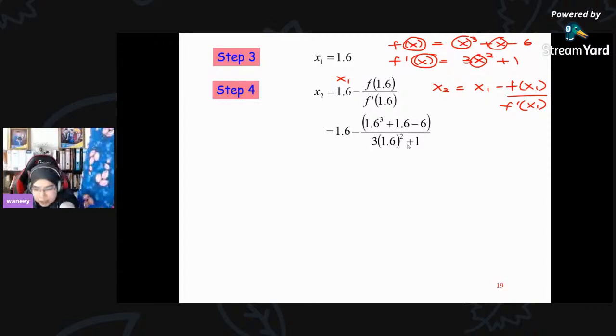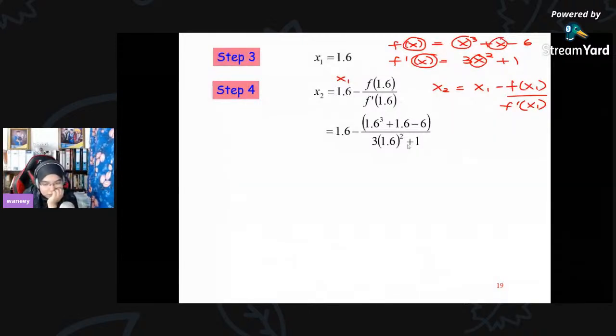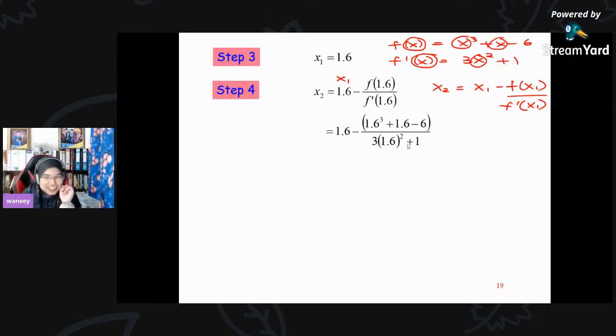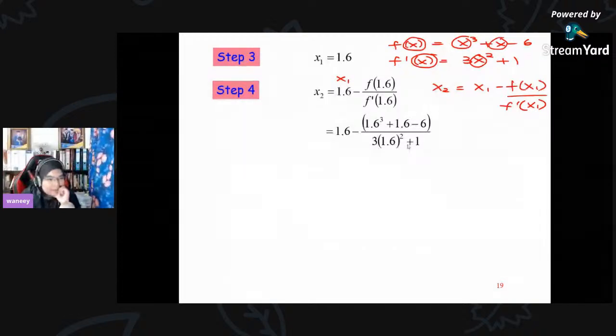Okay, so I'll give you around 30 seconds for you to try to use your calculator. Later on I'm going to teach you how you can use your calculator much more efficiently. Have you got the answer?